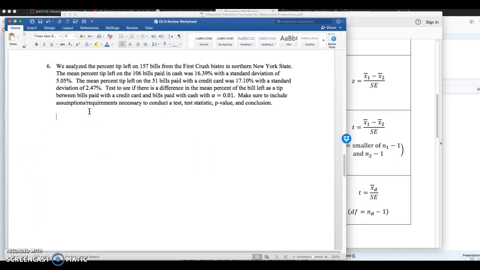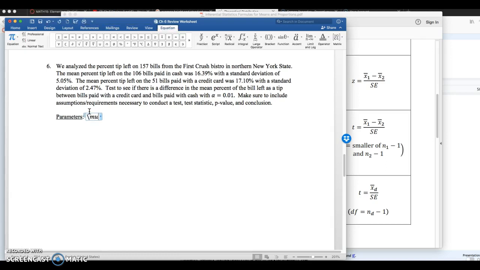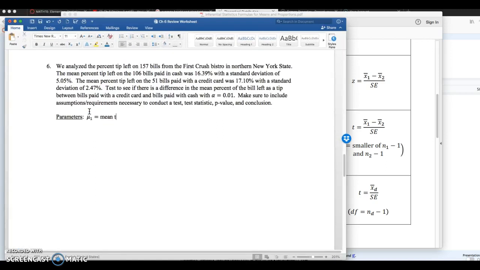Okay, so let's first write down the parameters. That might help us decide what we're doing. So it is a mean. I'm going to let mu sub 1 equal the mean tip percent on bills paid with cash at First Crush Bistro.